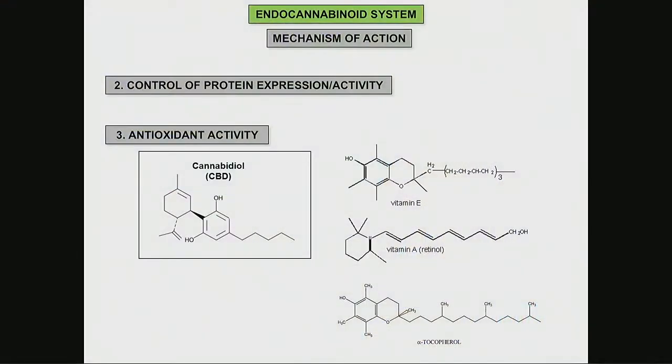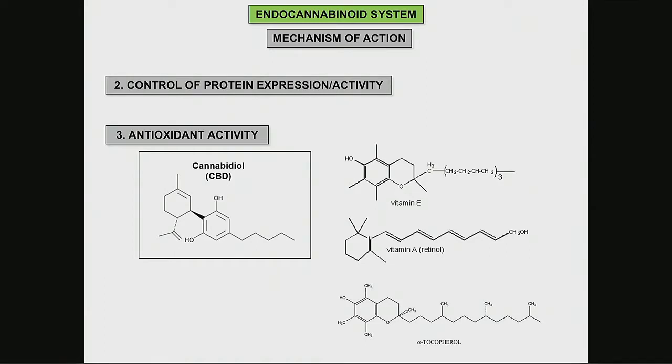In other cases, they directly control the expression and the activity of certain proteins, and I'm not going to get into detail here. But a third mechanism that is very, very important, specifically in certain pathologies, is their antioxidant activity. This is the chemical structure of cannabidiol. If you compare this one with this, and this is vitamin E, vitamin A, and tocopherol.